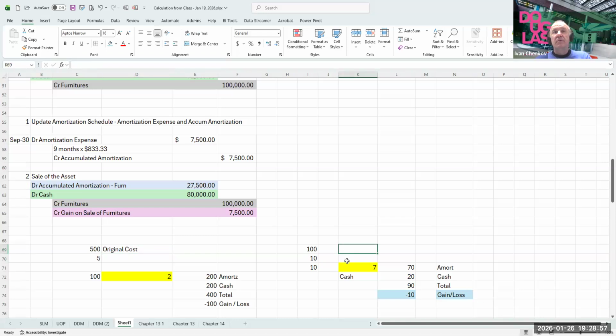And that also will be the original cost. That will be the number of years and amortization per year. The same terminology is going to be kept here. Years, amortization per year.